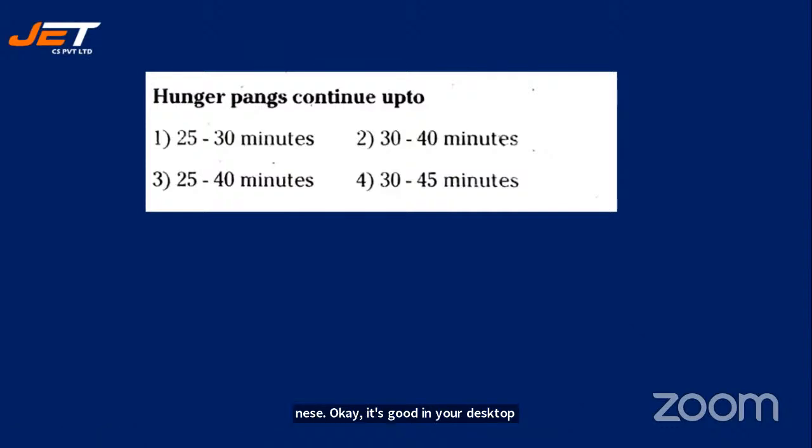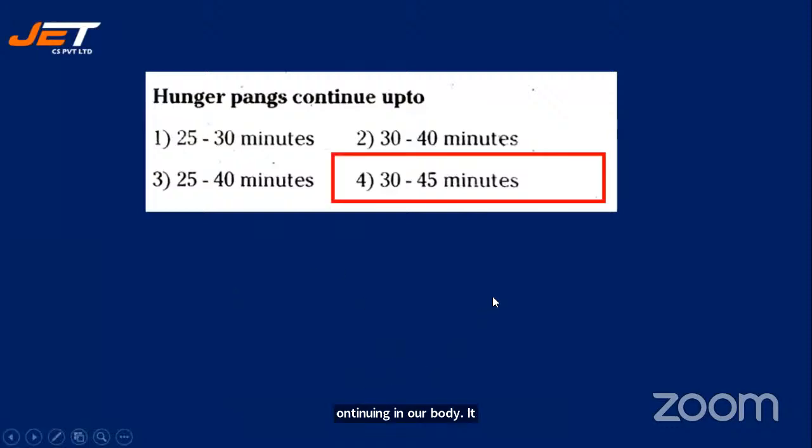Then, hunger pangs continue up to... So you are feeling very hungry, am I right? That is only for some short duration. How much duration will it be? It is given again in your textbook, very clearly mentioned. For how many minutes will the hunger pangs continue in our body? It is 30 to 45 minutes, children.